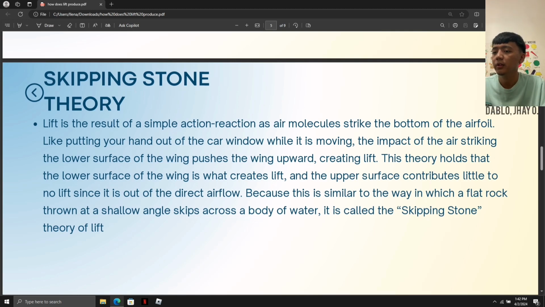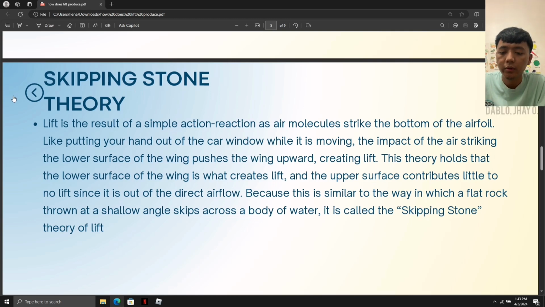This theory holds that the lower surface of the wing is what creates lift, and the upper surface contributes little to no lift since it is out of the direct airflow. Because this is similar to the way in which a flat rock thrown at a shallow angle skips across a body of water, it is called the skipping stone theory of lift.